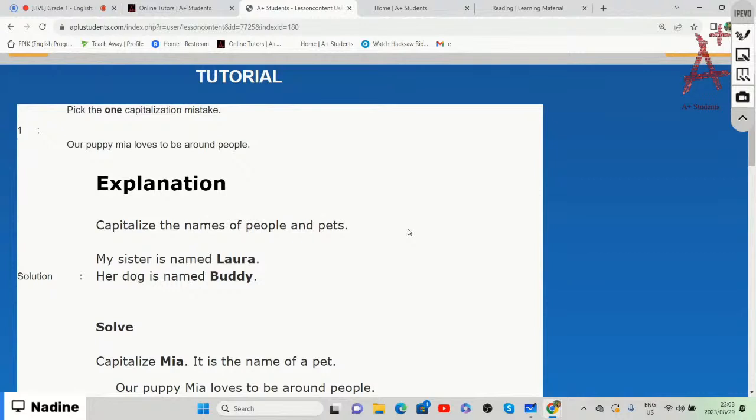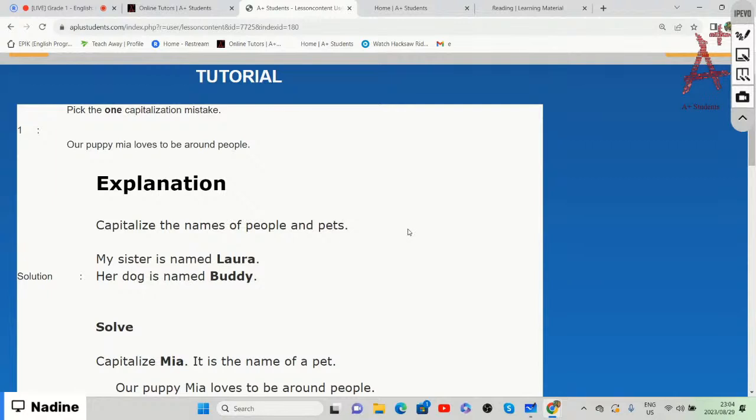And we also call it a proper noun, where you name people, like people's names, or for example, the name of your pet, right? So then we need to capitalize the names, right? Capitalize by writing the first letter of the name with a capital letter, right? All right.